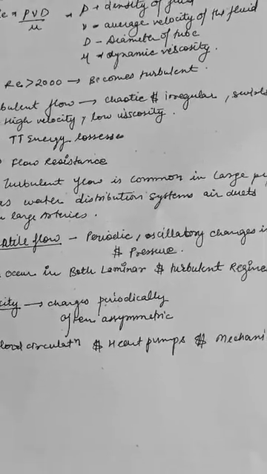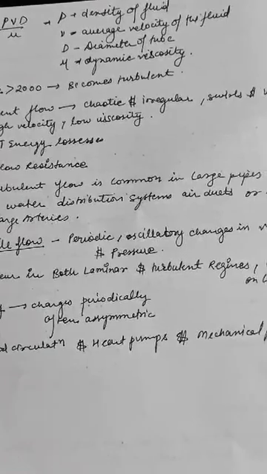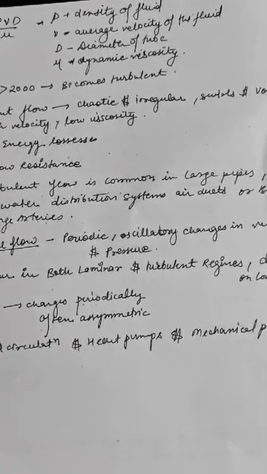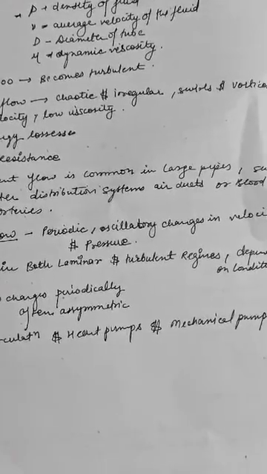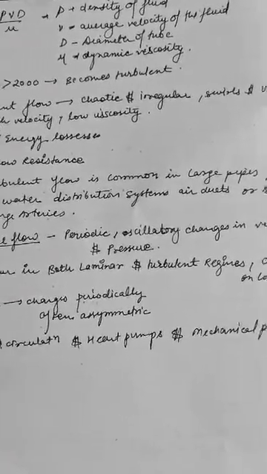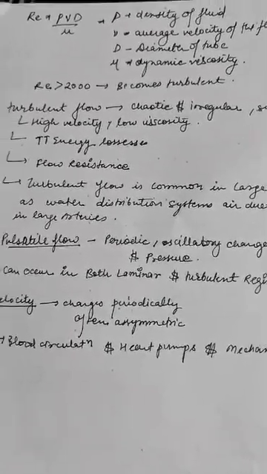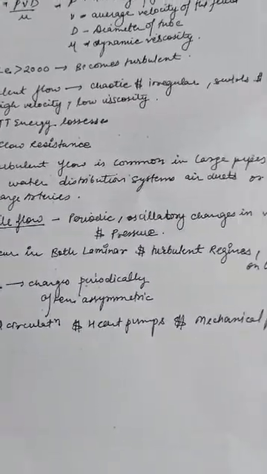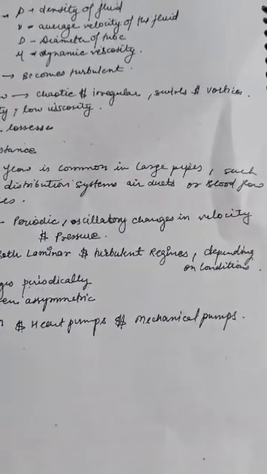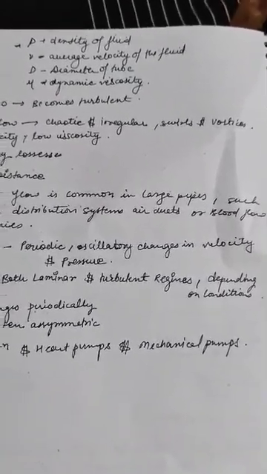In turbulent flow, the flow is irregular and has swirls, and it is very chaotic and disturbing. This type of flow is characterized by high velocity and low viscosity. It is observed at high flow rates and with low viscosity of the fluid.